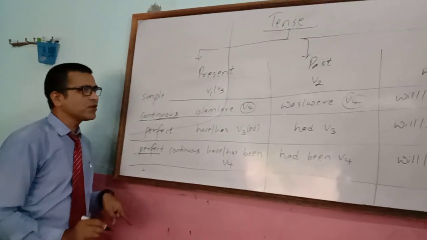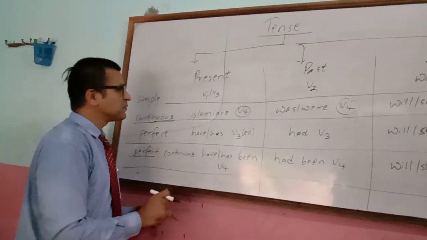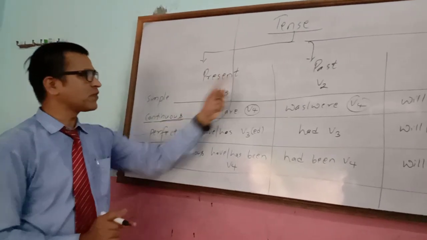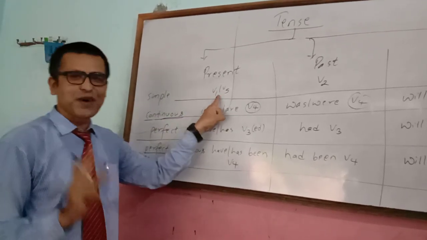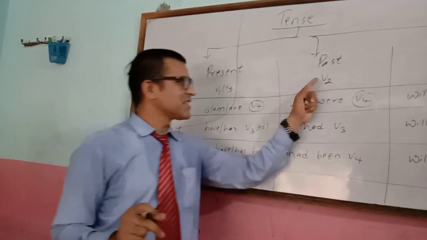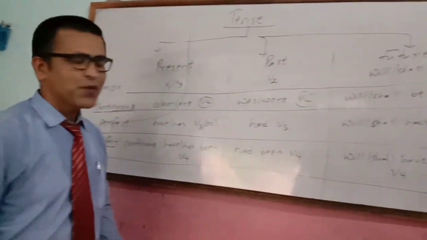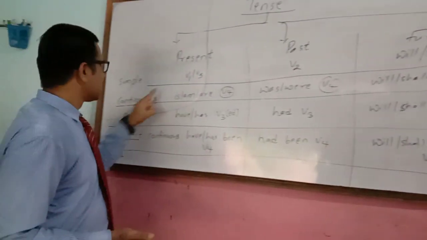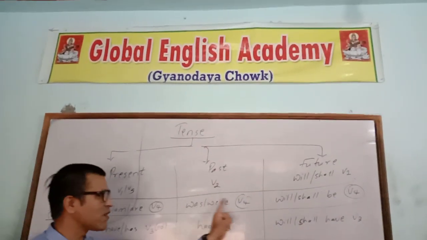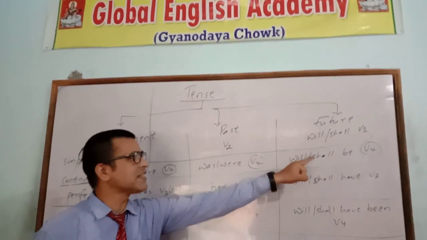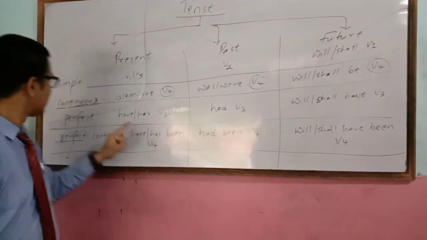Now it's time to remember the structure of the three tenses in a very simple way. Simple present V1, V5, simple past V2, simple future will, shall, V1. Present continuous is, am, are V4, past continuous was, were V4, future continuous will, shall, be V4.